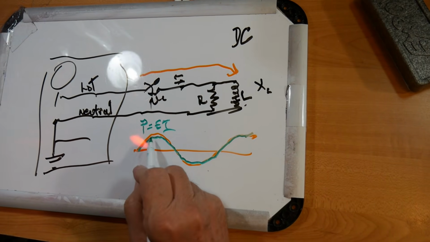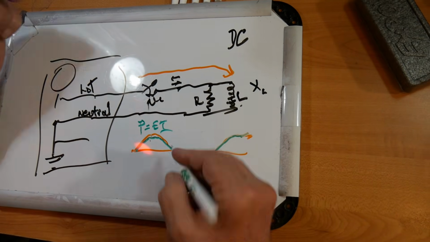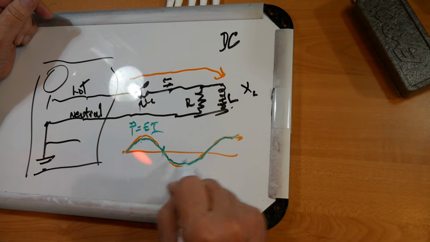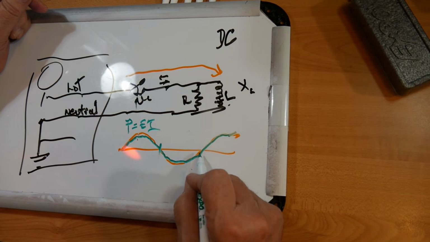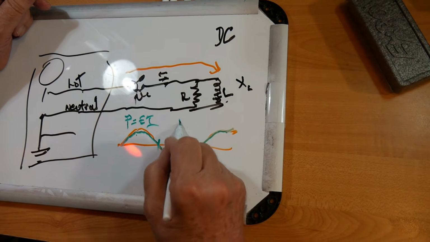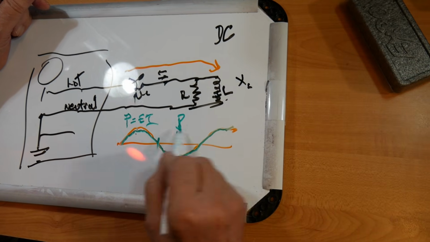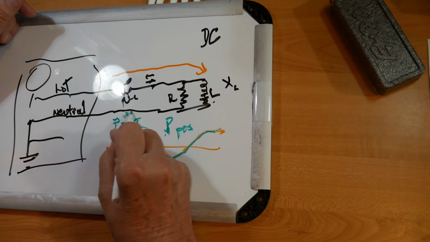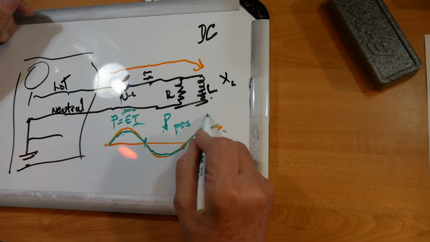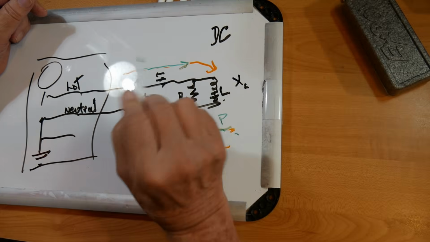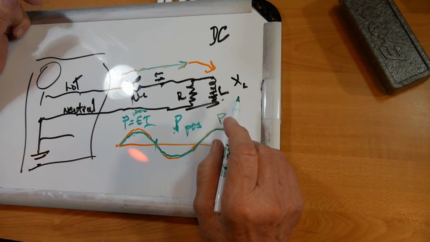Now, positive times a positive is positive, right? Well, look what happens right there. Now we have a negative times a negative, which is positive, right? So the power is positive here. The power is positive here. The power is always positive, and the direction of the power is what we're interested in.